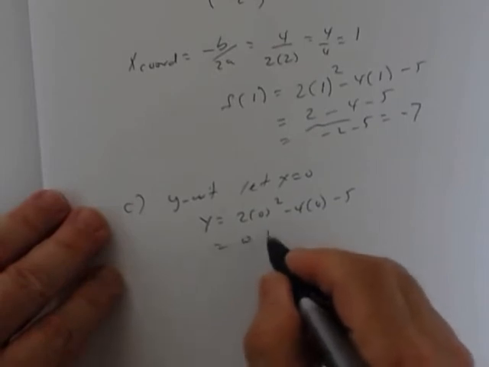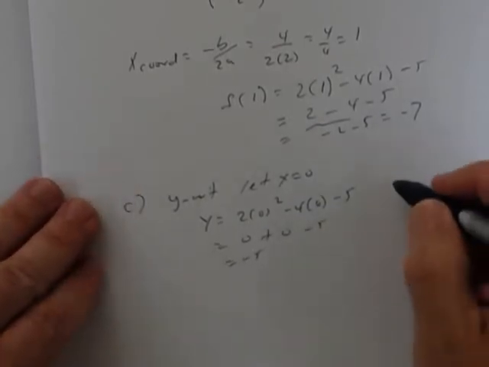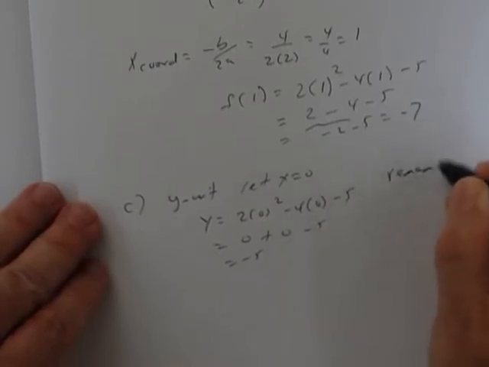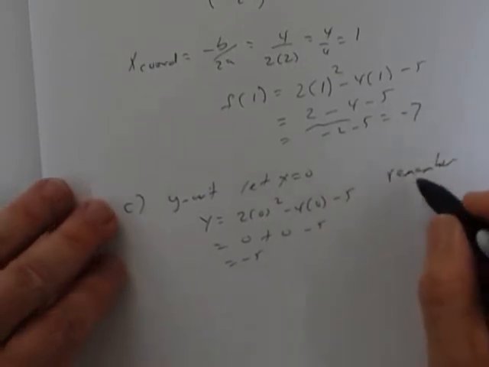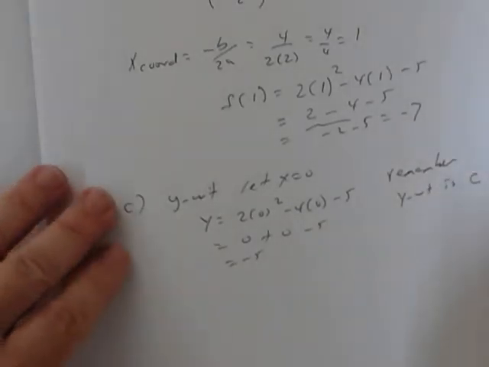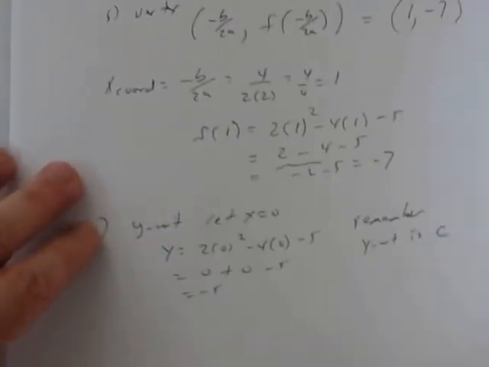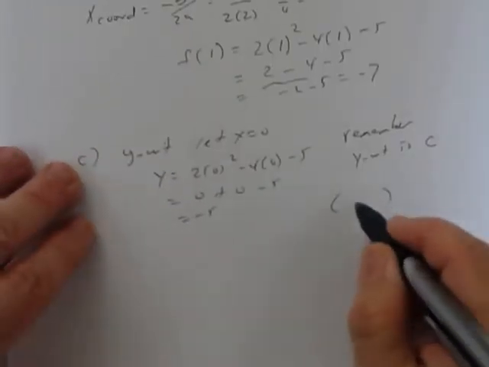That's 0 plus 0 minus 5, which is negative 5. But all you have to remember is that when it's in general form, the y-intercept is c. Just whatever c is. So c is negative 5. As an ordered pair, what is that?